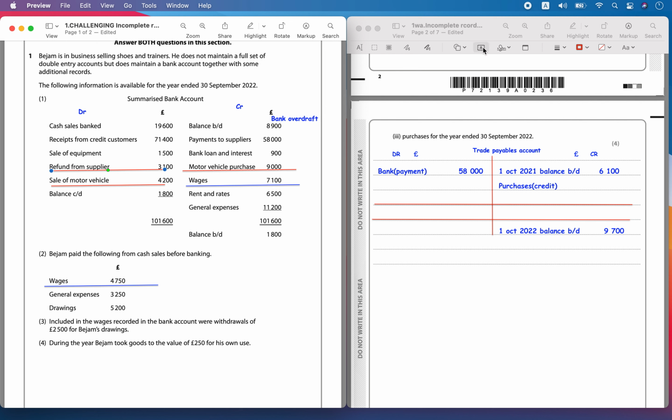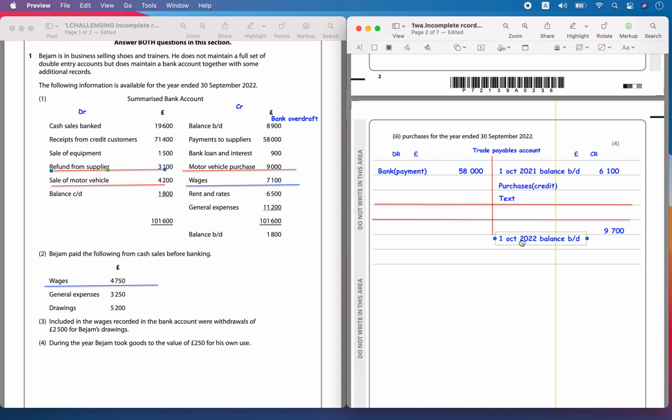We assume this is like purchase returns, he has refunded some amount. So you write it on the credit side because it came into the business.